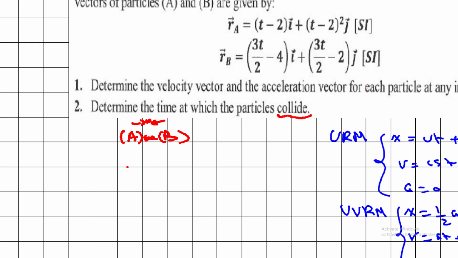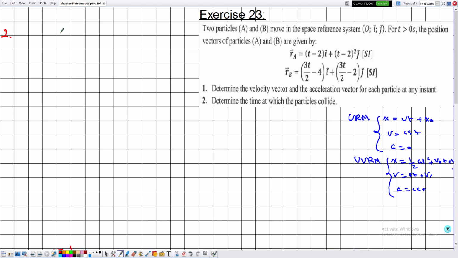Whenever they are found in the same position, we can say that the position vector of A is equal to the position vector of B. So t minus 2 i plus (t minus 2) to the power 2 j is equal to (3t over 2 minus 4) i plus (3t over 2 minus 2) j.